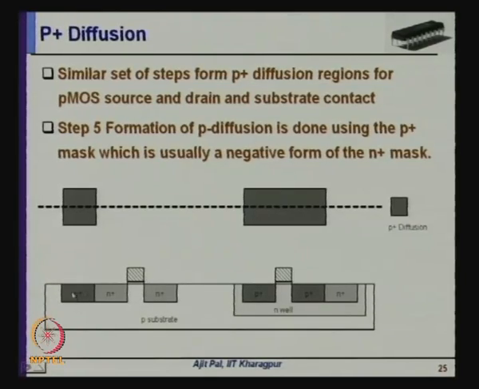To make contact with that substrate, this P plus region is created. So, you can see three P plus regions are now created, and you have an NMOS transistor and a PMOS transistor, in addition to two contacts, one for connecting the substrate to ground, another for connecting the N-well to the power supply or VDD.